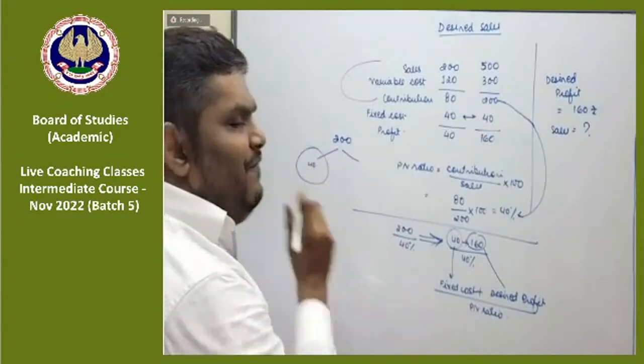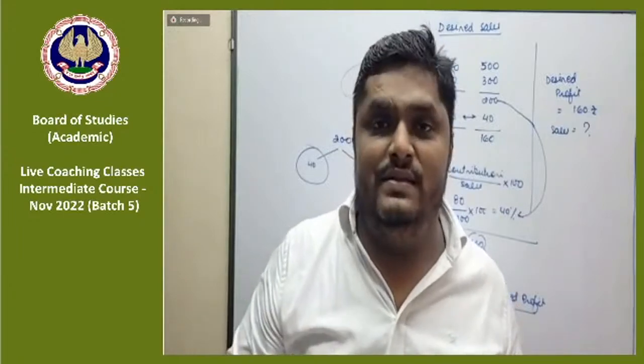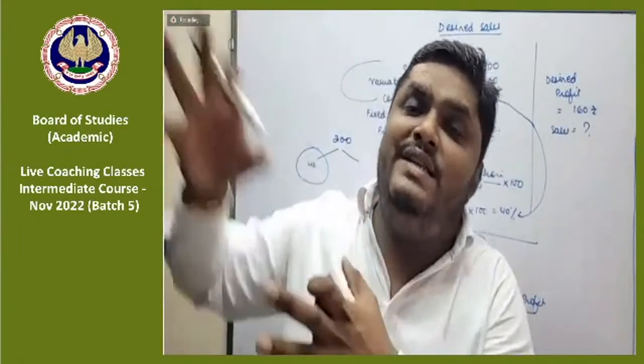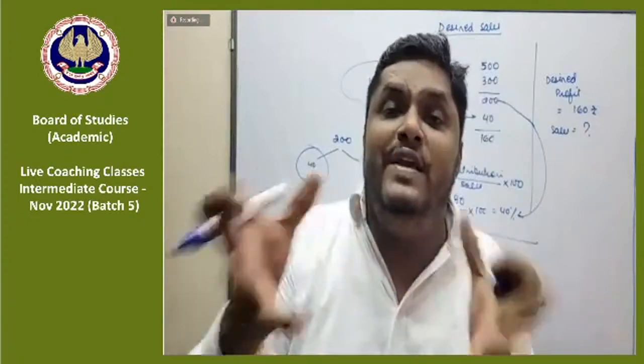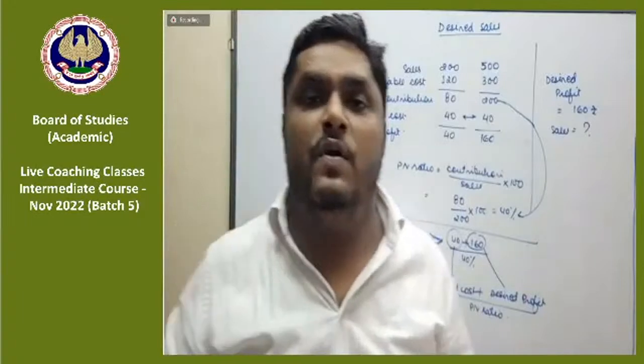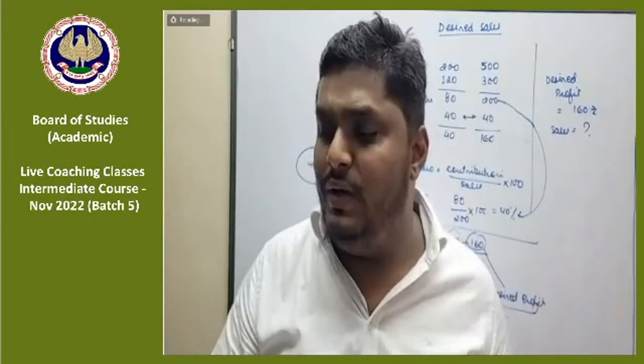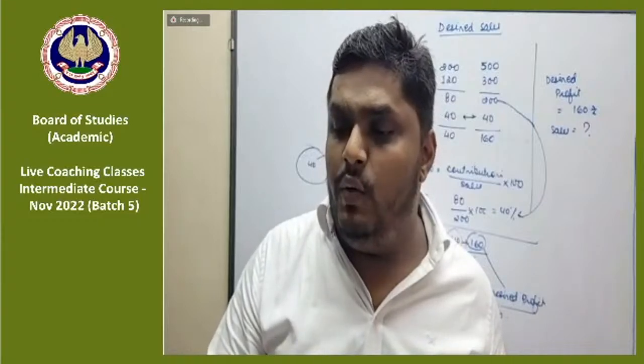If I recover my fixed cost of 40, that is my break-even sales. And once we recover that, the extra contribution, that is 160, is what we call our profit. So how is this formula derived? Do you guys have any doubts? You guys can ask me. Waiting for your queries, guys.